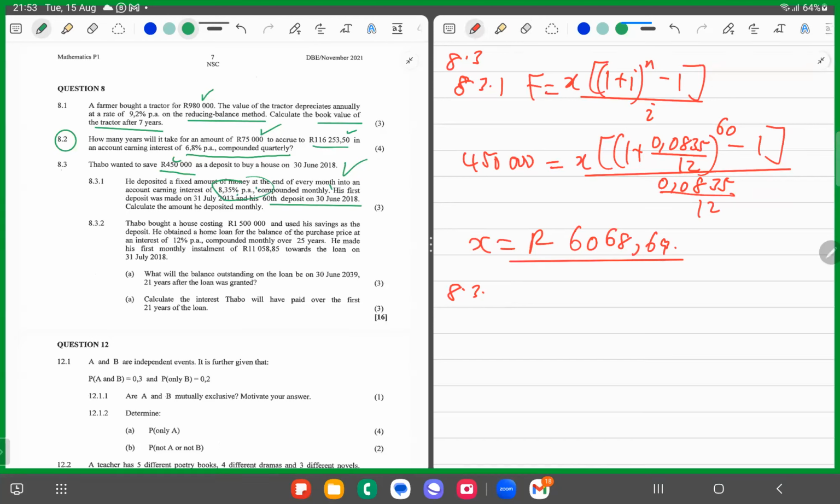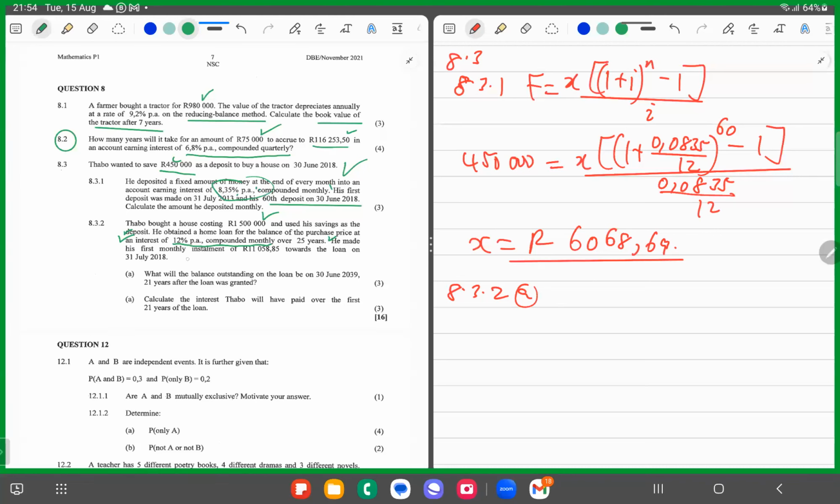If you look at 8.3.2 part A, Tabo bought a house costing 1.5 million and used his savings as the deposit. He obtained a home loan for the balance of the purchase price with an interest rate of 12% per annum compounded monthly over 25 years.